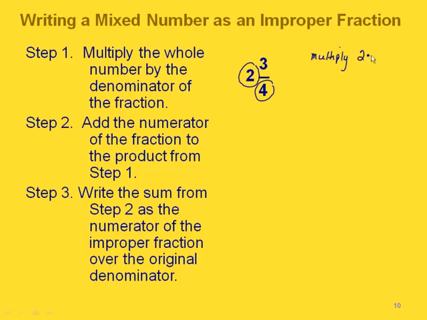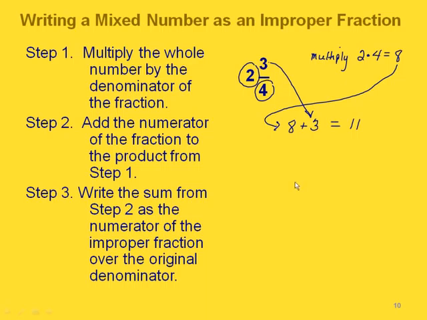So here we're going to multiply 2 times 4, which gives us 8. Then the next step is to take the value we got here, the 8, and add it to the numerator of our mixed number. So we take 8 plus 3, adding those two together. 8 plus 3 is 11.